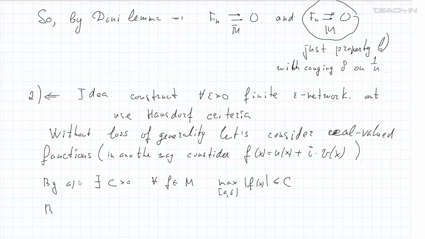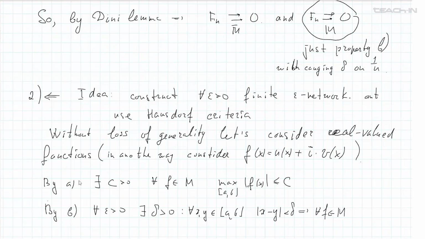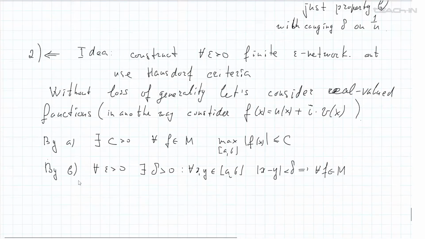And by B, for any positive epsilon, I repeat the definition of equicontinuity, for any x, y from AB such that |x minus y| is less than delta. But here I take not epsilon but epsilon over 3, in order to finally obtain just epsilon.